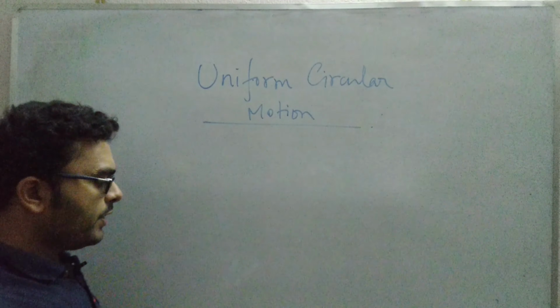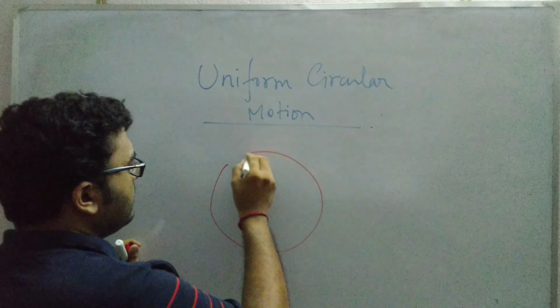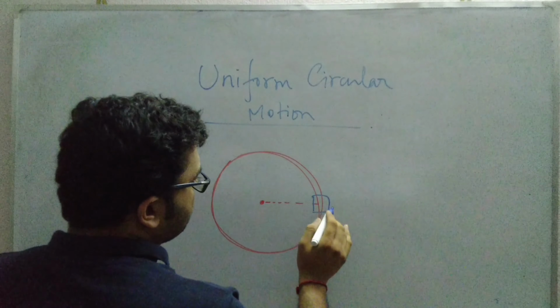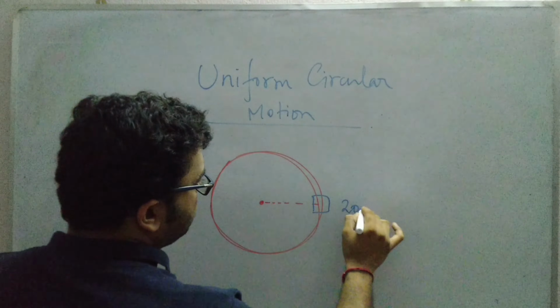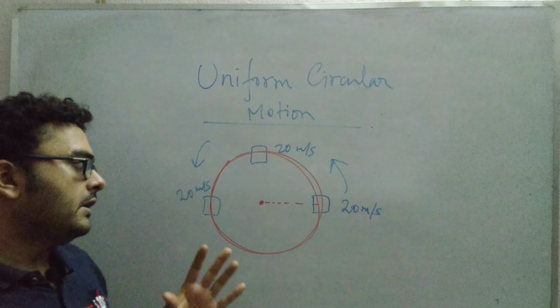When an object is moving in a circular path with a constant speed, say when the object is here, the speed is 20 meter per second. Again, when the object is here, the speed is 20 meter per second. It is rotating in these directions. Then this kind of motion is called uniform circular motion.